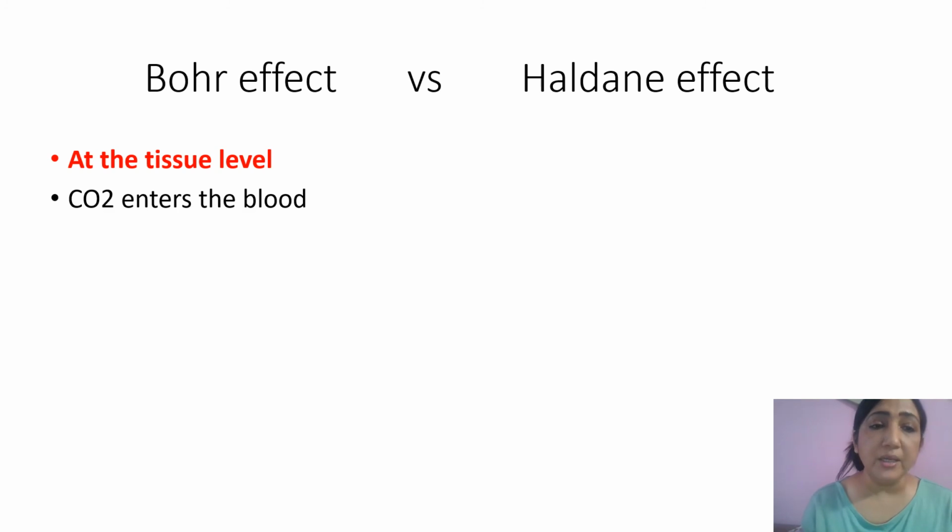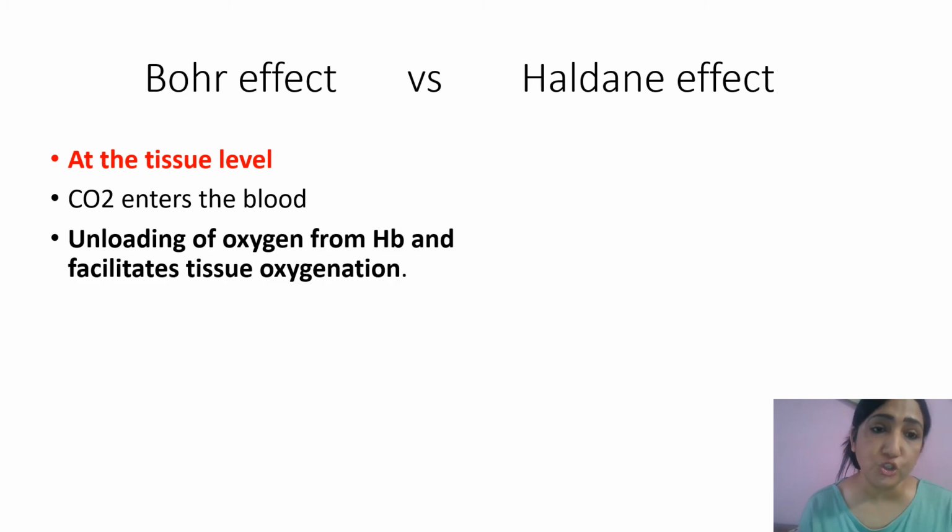What is happening? The carbon dioxide, which is produced due to metabolic activity inside the tissue, diffuses from the tissue and enters the blood. And whenever it enters the blood, there is an unloading of oxygen from the hemoglobin, and it facilitates tissue oxygenation, right?